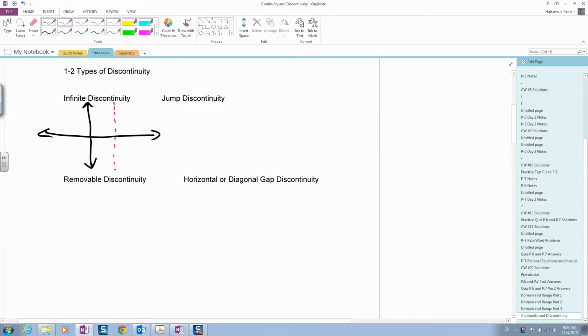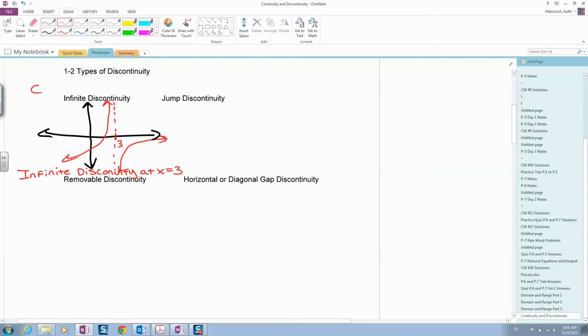So let's say I have a vertical asymptote here at x equals 3, and the graph looks something like this. All right, so what we say here is that there's an infinite discontinuity at x equals 3.